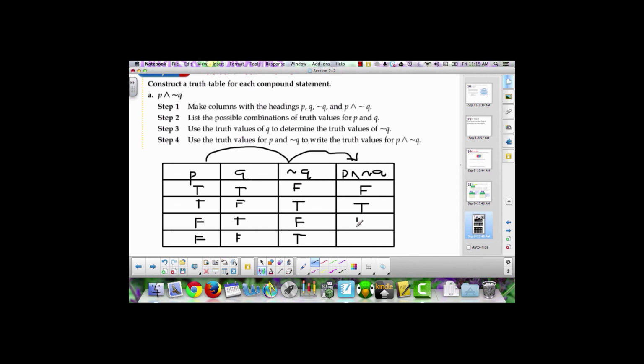Since one or more of them are false, the whole thing is false. And finally, in this row, P is false, not Q is true. Since one of them is false, the whole thing is false. We will work the other examples together in class.